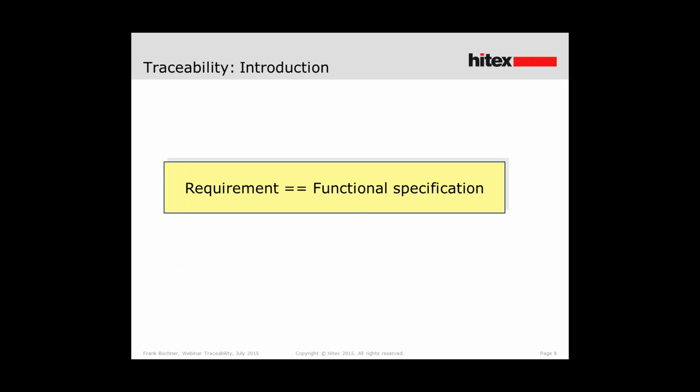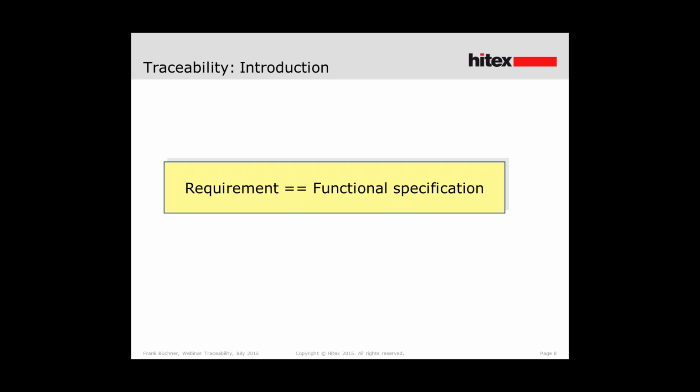One other point I would like to mention: requirements and functional specification, in my opinion, are very similar. Both specify the behavior of a test object. A requirement is a little bit more formal. A requirement has, for instance, a number, and it has a priority, and it has maybe a linkage to other requirements, and the functional specification is more or less the same, but without the formalism.